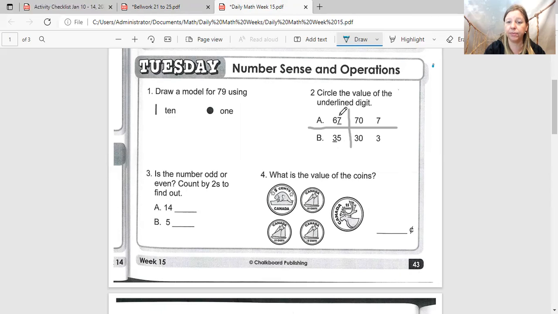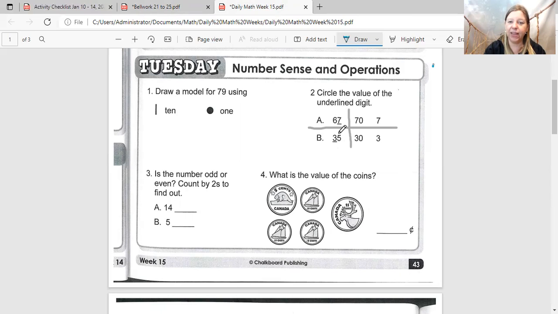If it's a 10, then you need to circle 70. Do you see that it has the 0 at the end? If it's a 1, then you need to circle just the 7. Do you understand? I hope so. If you don't, please connect with me and I'll help explain it a little bit more.